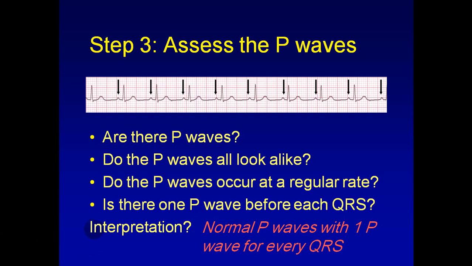Then look at every P wave to assess regularity. Every P wave is followed by a QRS complex and the R waves are equidistant, so it is regular. Now for the P wave, look at the shape: every P wave is followed by a QRS complex, and the distances between P waves are equal, so it is a normal P wave.